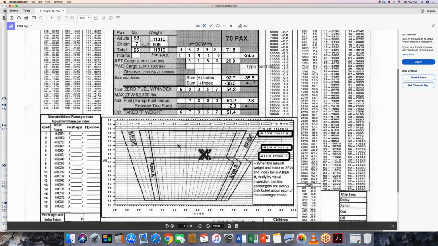So he's setting the aircraft, no matter what the CG is, it's always going to feel the same to him, because he'll adjust the trim setting.